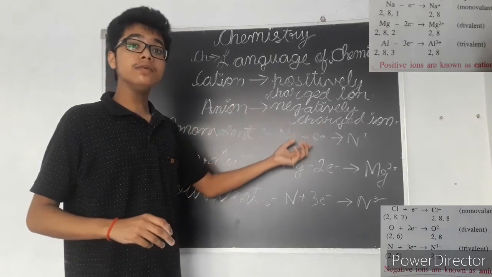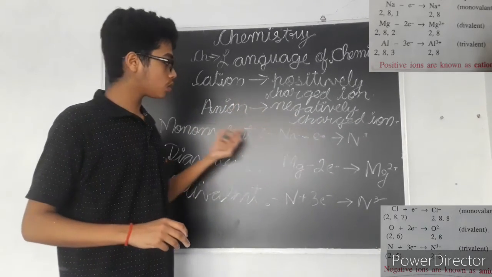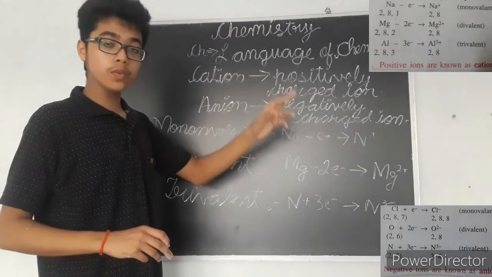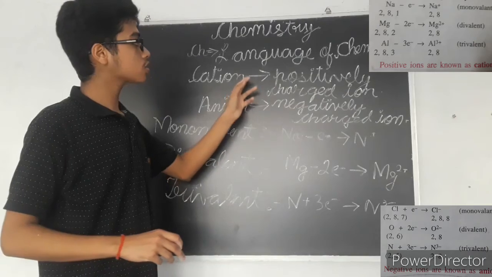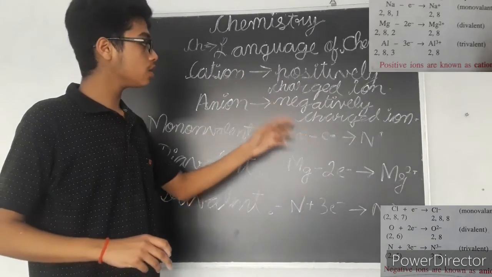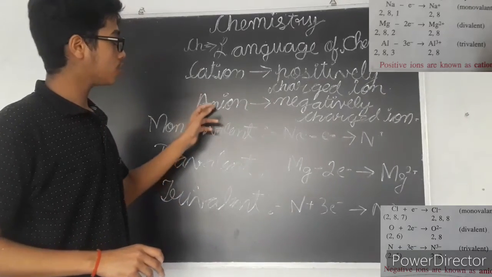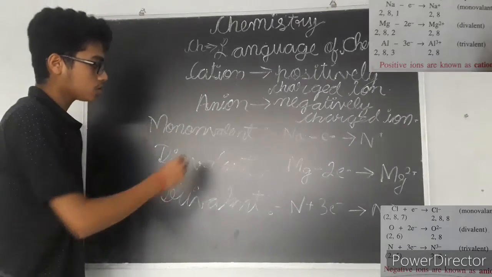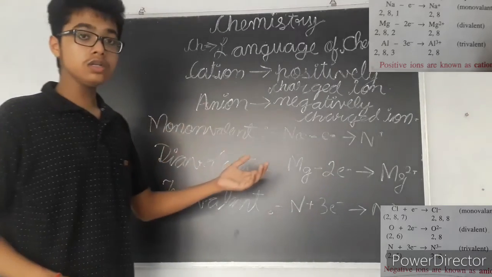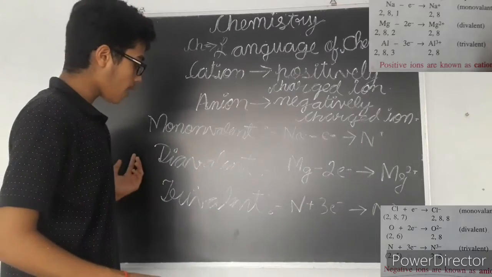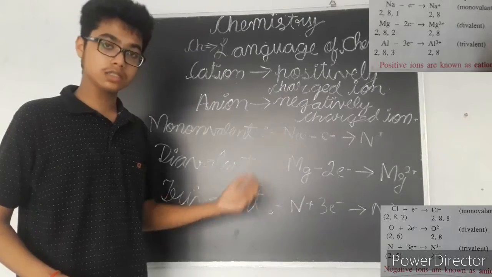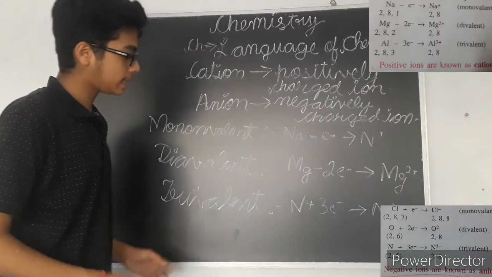If it is giving one electron, it becomes positively charged, so it is called a cation, and when it is taking one electron, it becomes negatively charged, so it is called an anion. When it gives or takes 2 electrons, it is called divalent, and when an atom gives or takes 3 electrons, it is called trivalent.